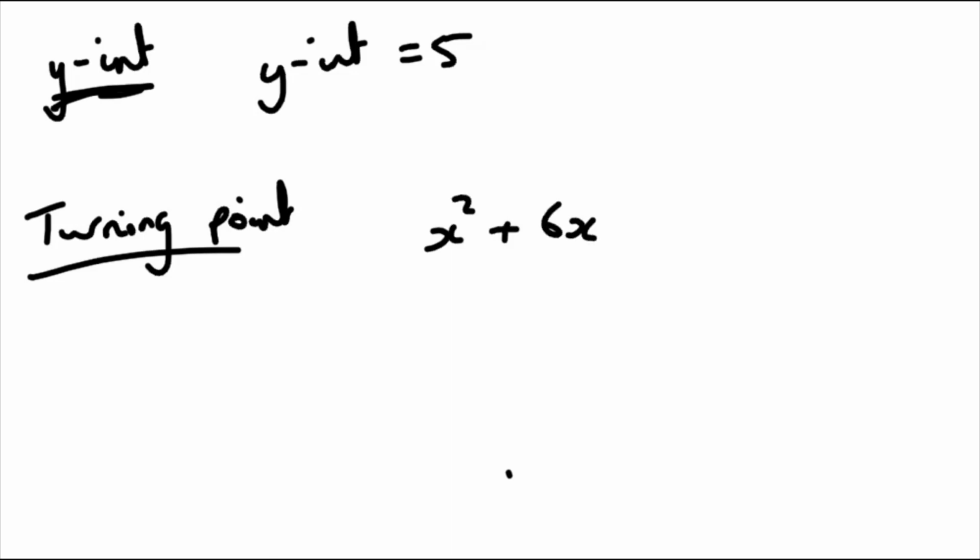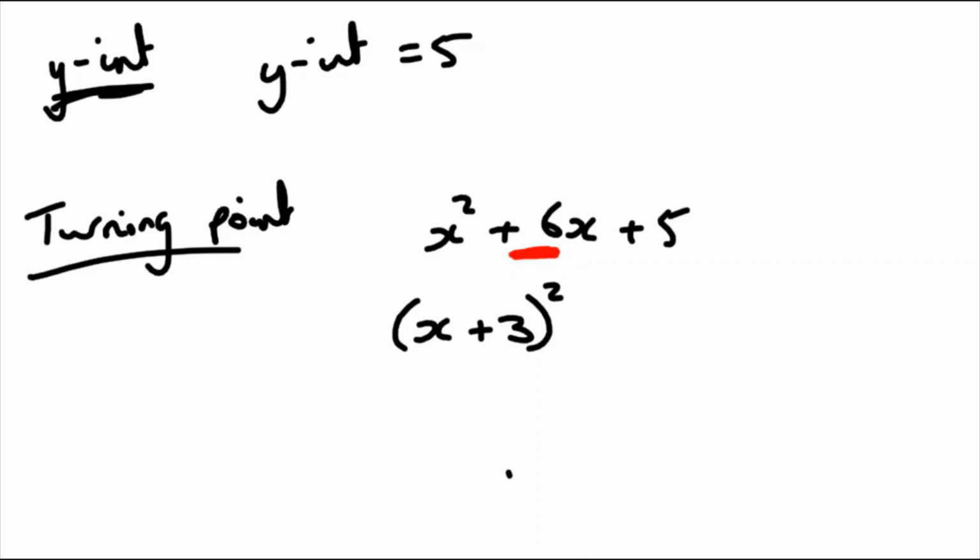We've got x squared plus 6x plus 5. The way we complete the square is to look at the coefficient in front of the x term, which is 6. We're going to half that and put it in addition to the x inside our bracket.